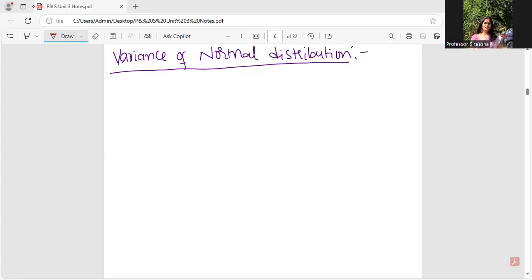Okay, so coming to the derivation of the variance of the normal distribution, I'll just be considering Var(X). In this format, I'll be considering the integral from minus infinity to plus infinity of (x minus mu) whole square f of x dx.